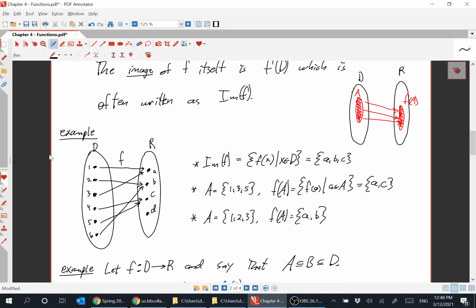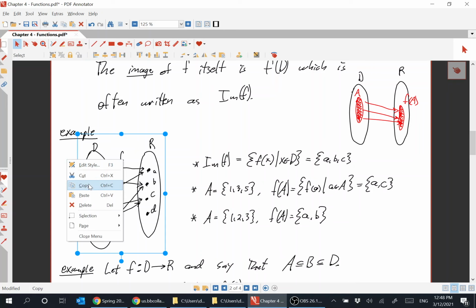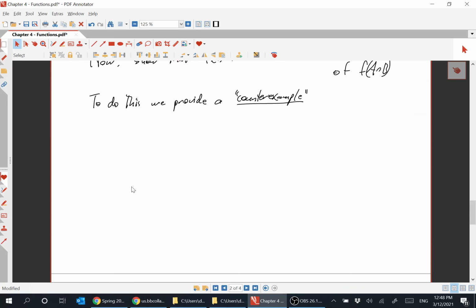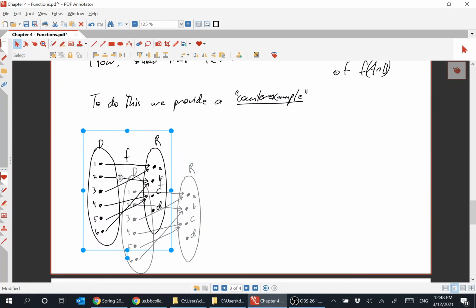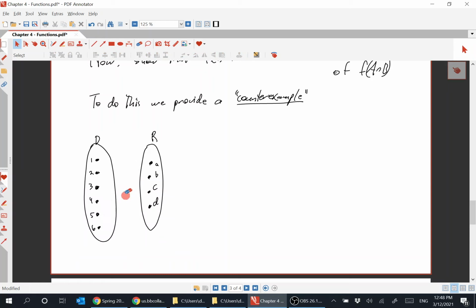So something like this, right? Some bubble diagram with some real simple domain and range, and I'm going to redo the f here. So, for example, 1 goes to a, 2 goes to b, 3 goes to c, and 4 goes to a, 5 goes to b, and 6 goes to d.